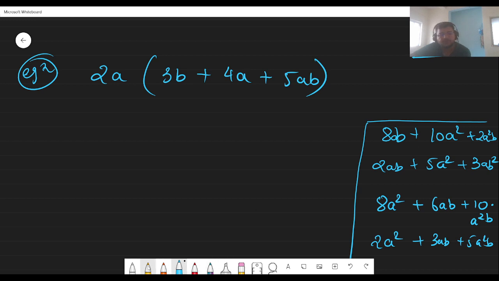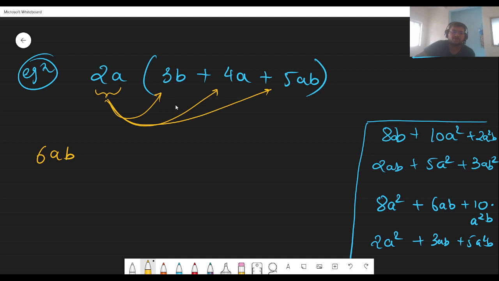Again the same thing, we have to apply the distributive property and multiply 2a equally with all the terms. So 2a times 3b becomes 6ab. The variables a and b won't combine into some other term unless we put in values; since the variables are different, we write them together, ab.